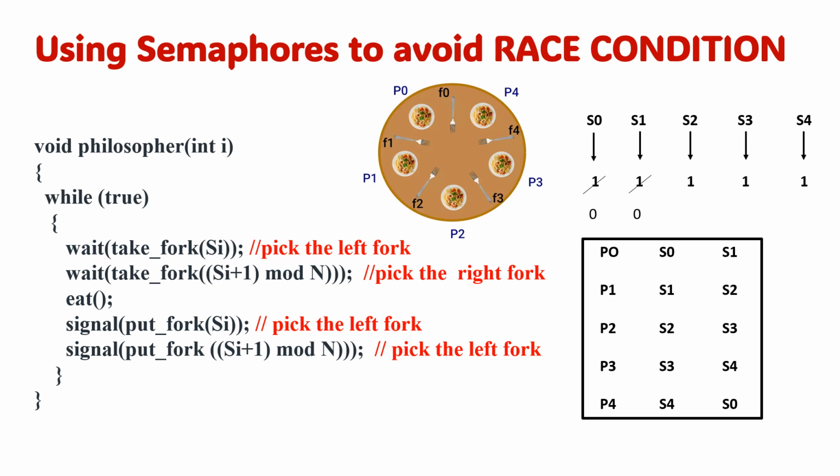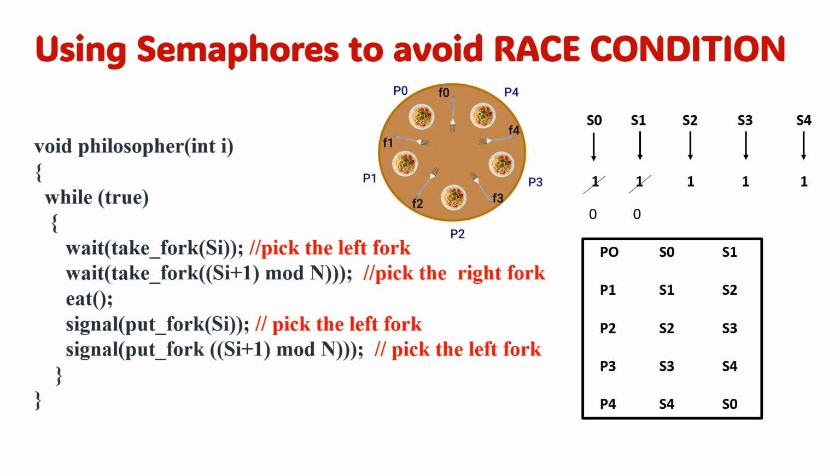But now we'll see another case here. Suppose philosopher P0 comes, it will put down the value of semaphore number 0 and semaphore number 1 to 0, that is wait, and enter into the critical section. And suppose philosopher P1 comes, then P1 would require, you can see in the table, semaphore numbers S1 and S2, and it will try to execute the wait method.